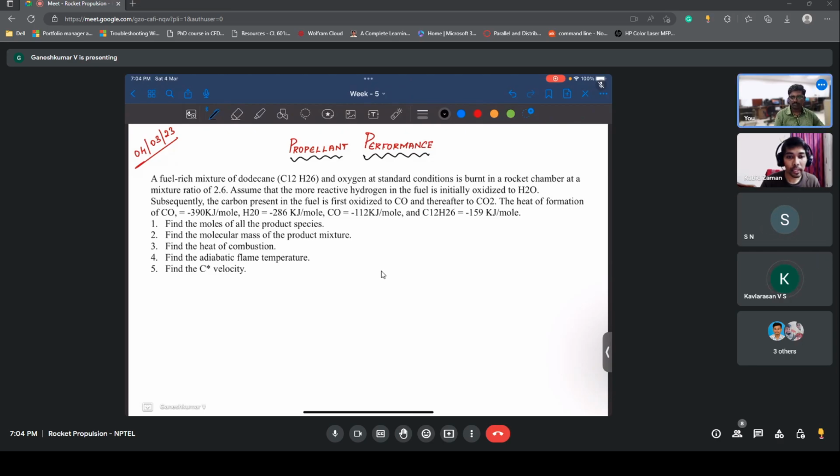Question 25: a contour nozzle of same area ratio as a conical nozzle is less prone to flow separation due to which of the following? Higher expansion in the later part of the divergent compared to conical nozzle, slower expansion in the later part of the divergent compared to conical nozzle, or shock wave formation in the divergent. The answer is higher expansion in the later part of the divergent compared to conical nozzle.